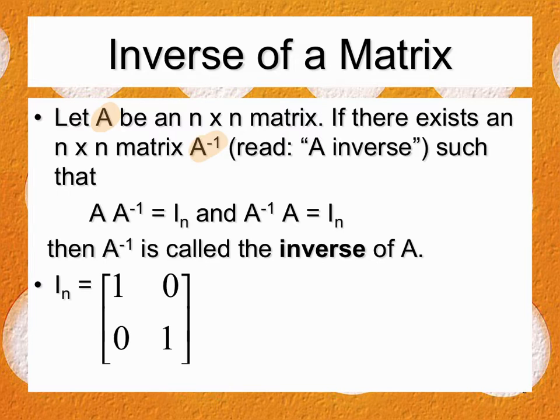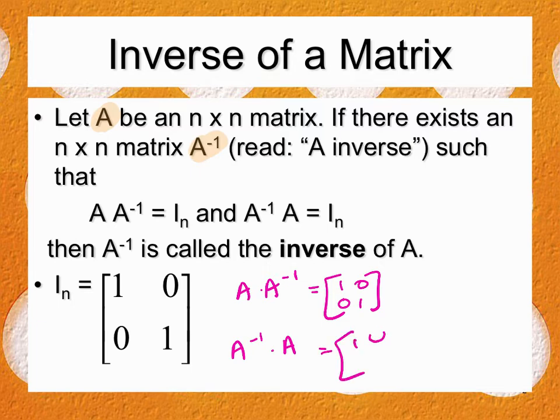So if I have two matrices that are inverses of each other, then when I multiply them together, the result is 1, 0, 0, 1. So if I did A times its inverse, A times A to the negative 1, I'd get the pattern of 1, 0, 0, 1. And if I did A to the negative 1 times A, because remember order is important, I would also get 1, 0, 0, 1.